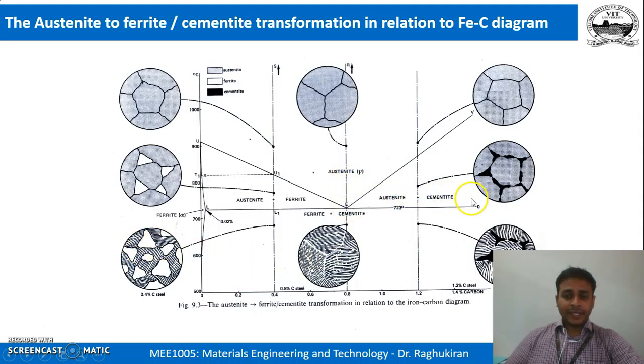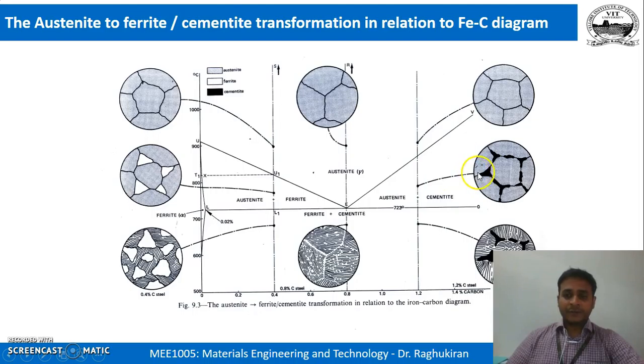Similarly, on the right hand side, if you are here, you again have the same austenite. Once it starts cooling down, once you reach this point, from this point to any time when you come down, all that you have is your austenite plus cementite. So what happens? The first thing that comes out is cementite here, right?